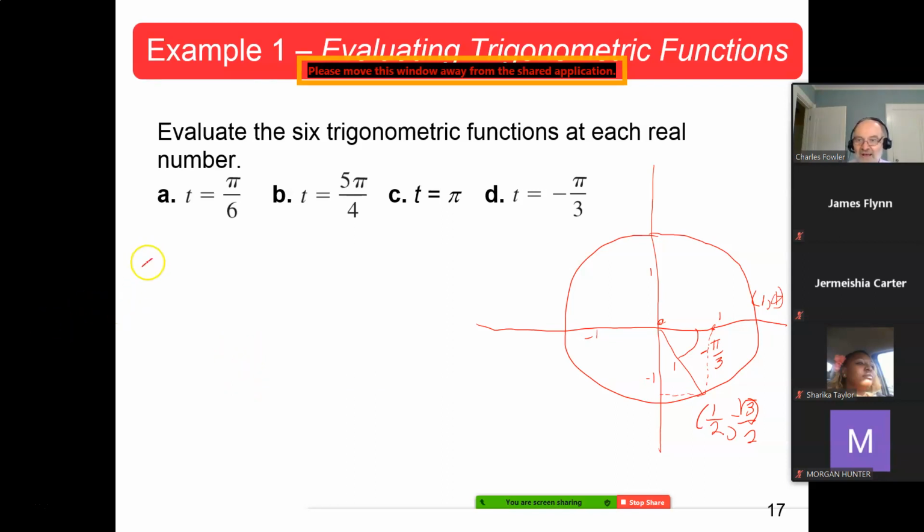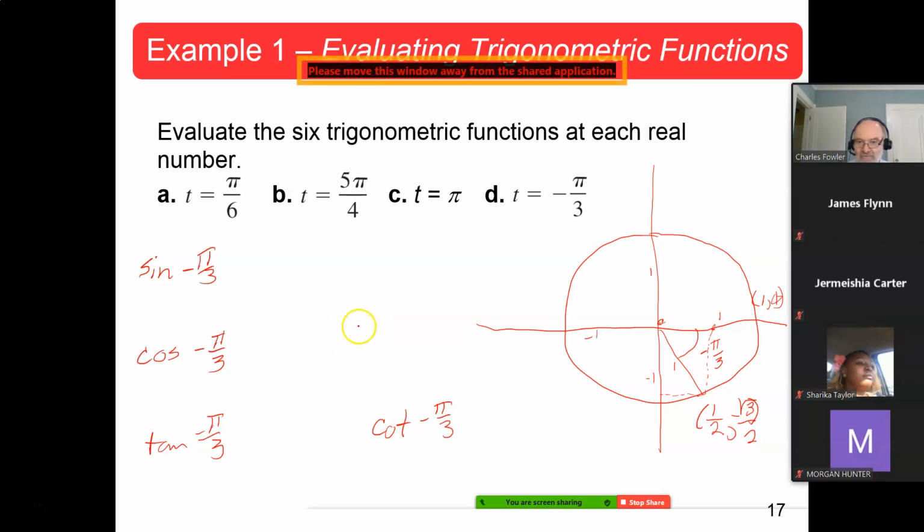We can do the sine of t, sine of negative pi thirds. We can do the cosine of negative pi thirds. We can do the tangent of negative pi thirds. We can do the cotangent of negative pi thirds.